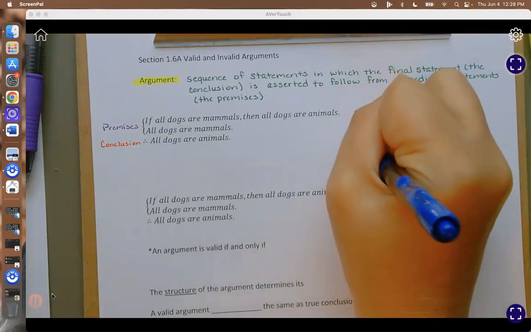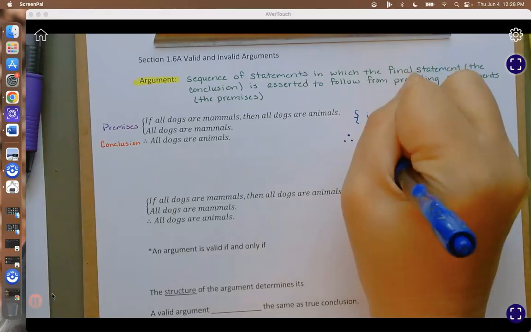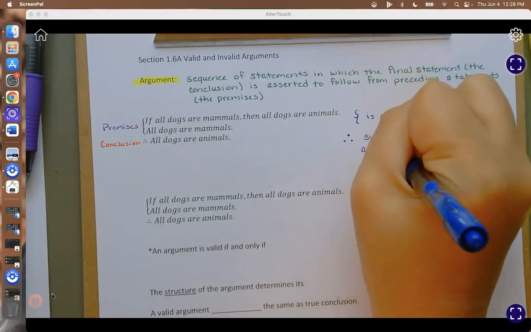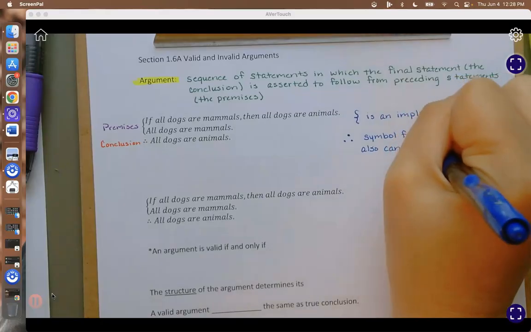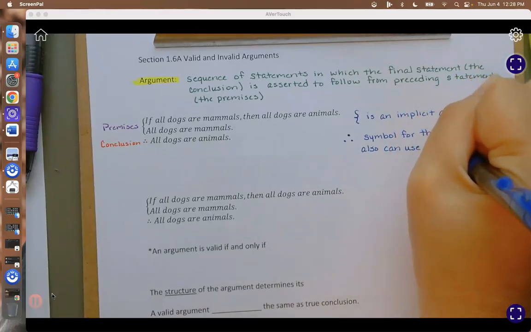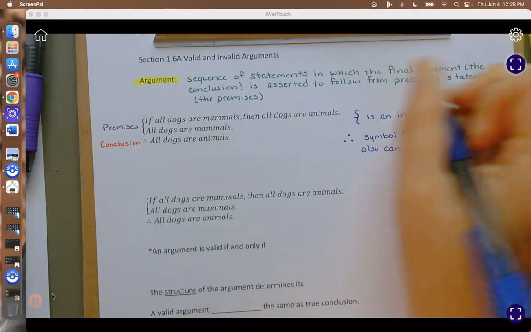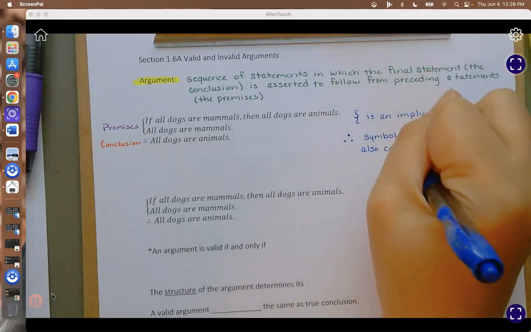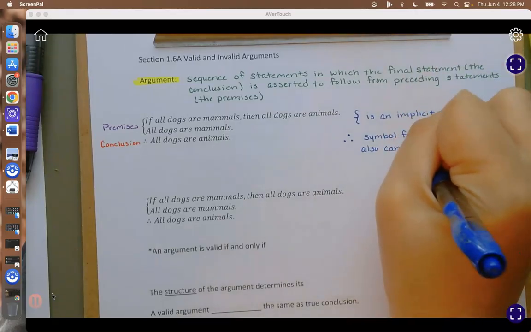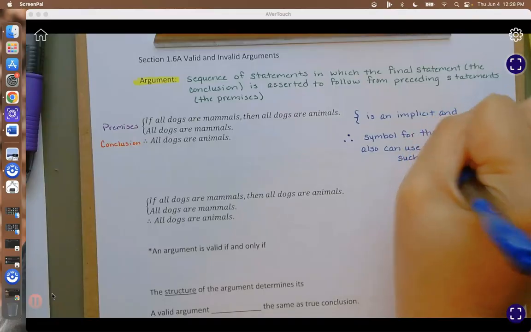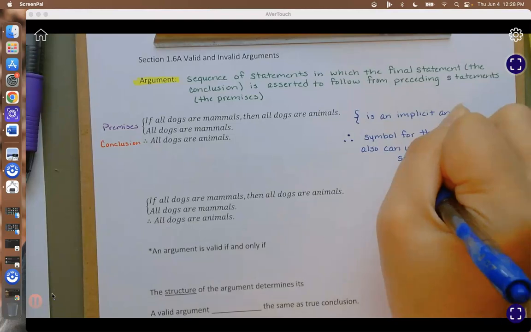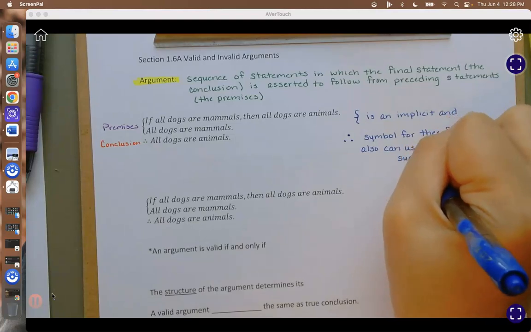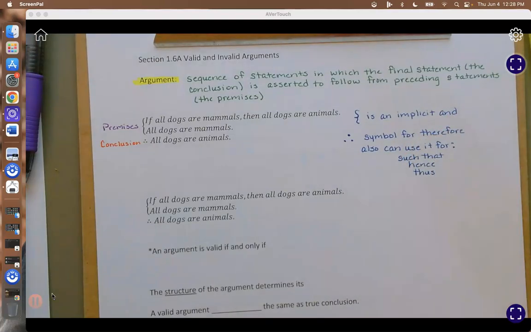You can also use it for such that, hence, thus, any kind of conclusion leading word.